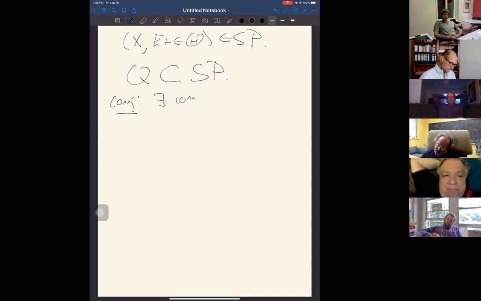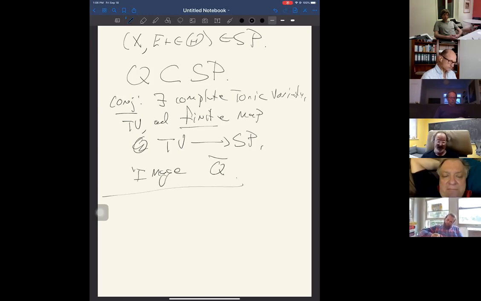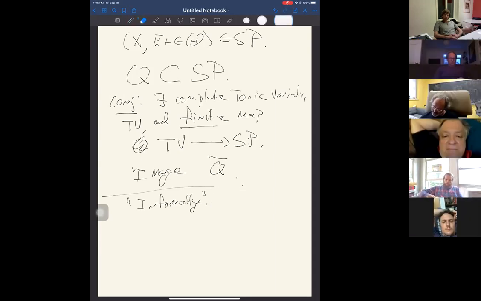exists a complete toric variety, let's call it TV, and a finite map, the important thing is that it's finite, from this toric variety to the moduli space SP with image the closure of Q. Informally, this is not precise, but roughly speaking, Q has a finite cover by a torus.